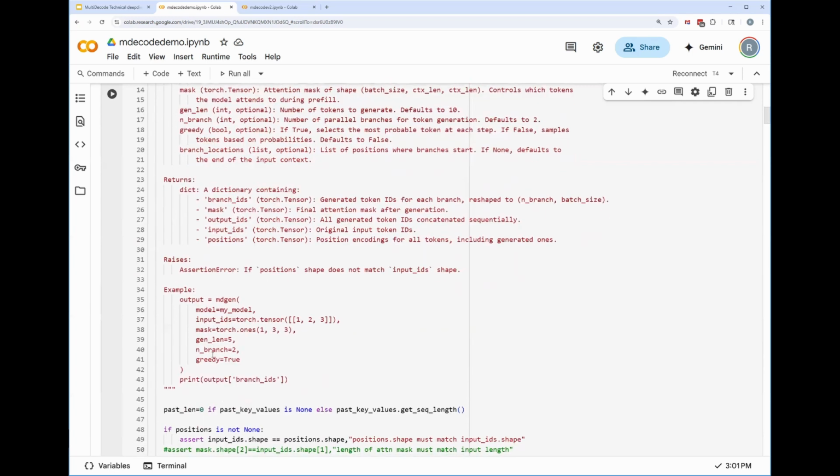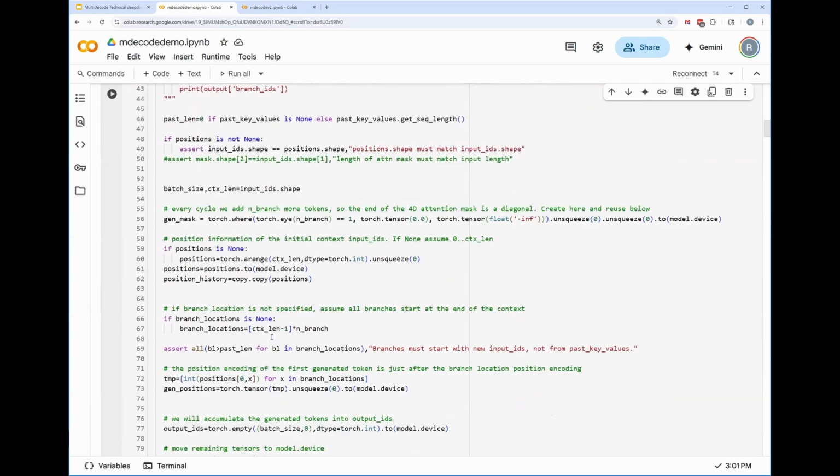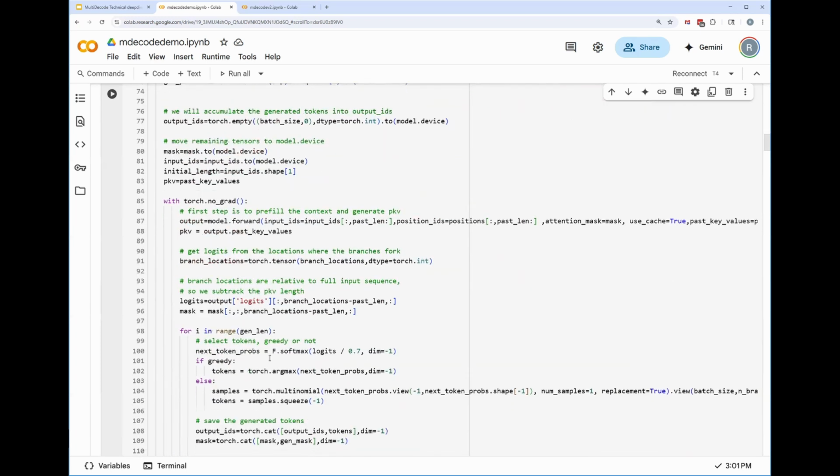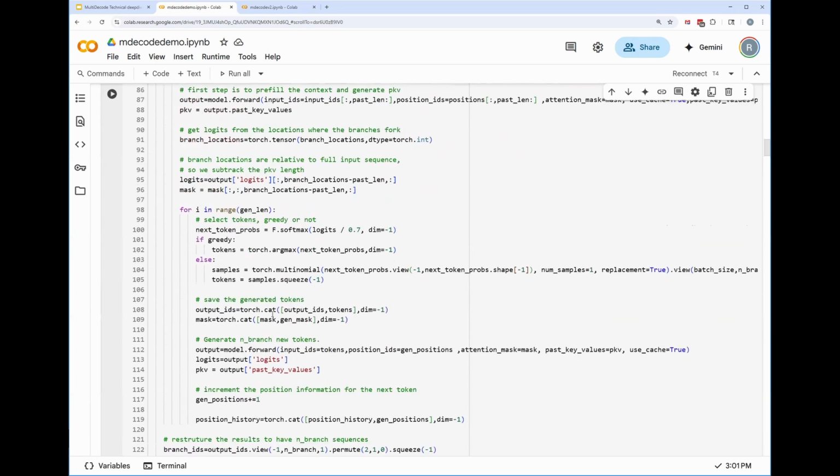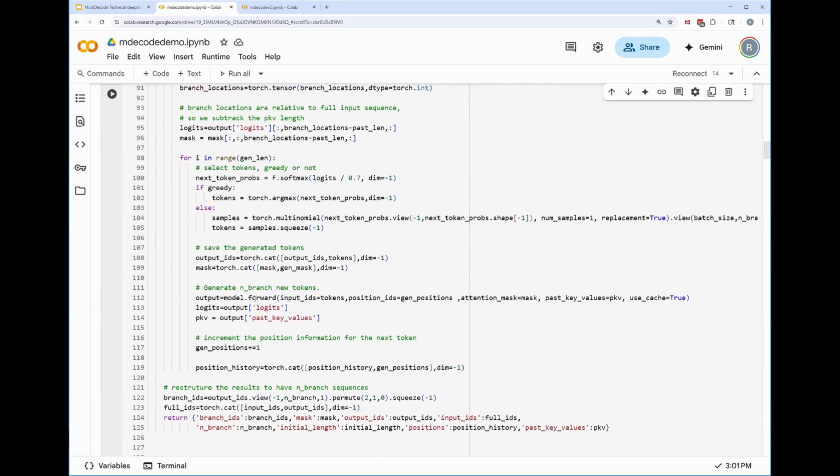Okay, with that, I'm not going to go into the code, other than to say this is the Hugging Face interface that we're using, where we specify the input IDs, the position IDs, the attention mask, past key value, and use cache. That's the standard.